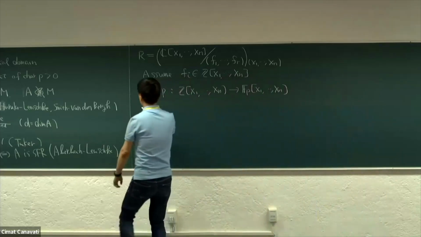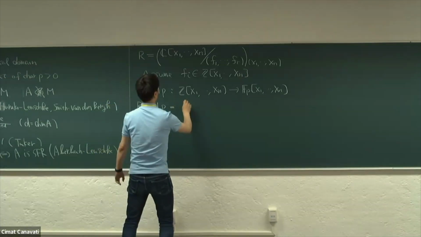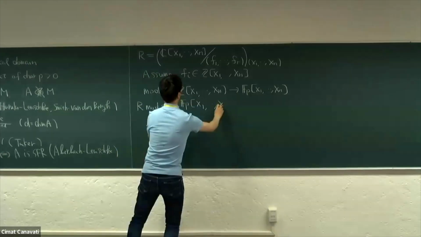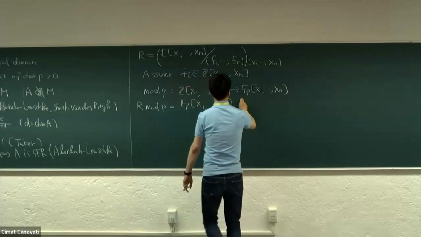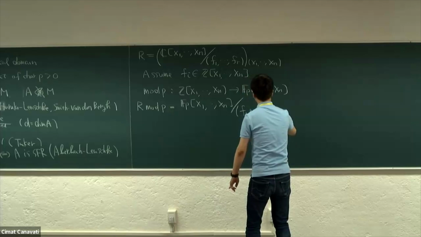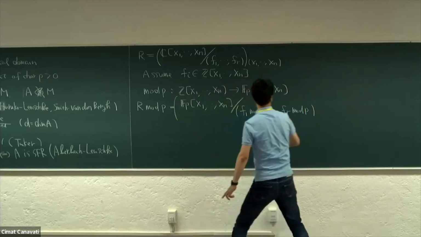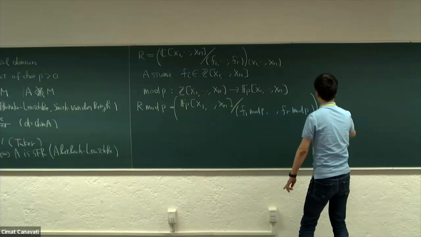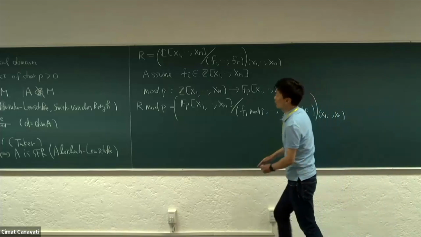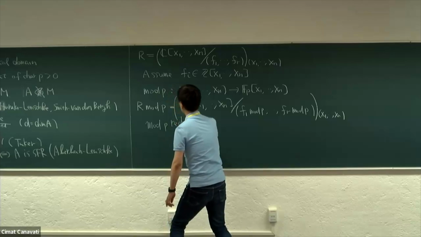Then my ring R mod p is the quotient ring of the polynomial ring over F_p divided by f_1 mod p through f_r mod p. And again, we take localization. I call this ring the modulo p reduction of R.